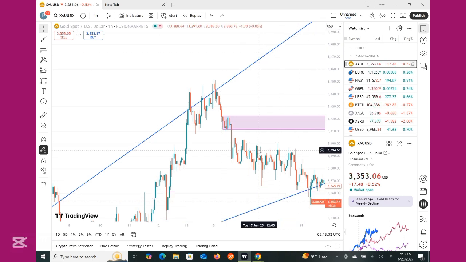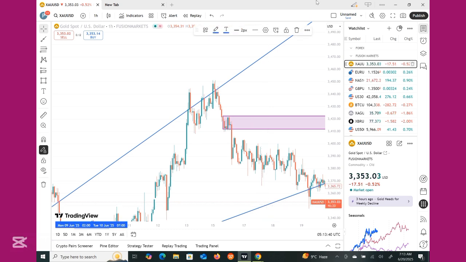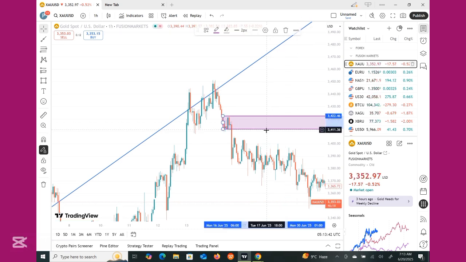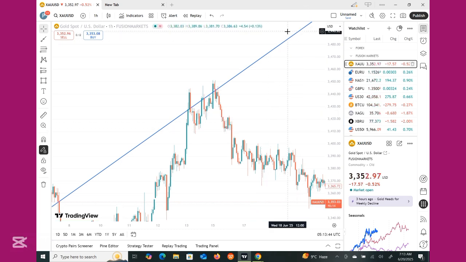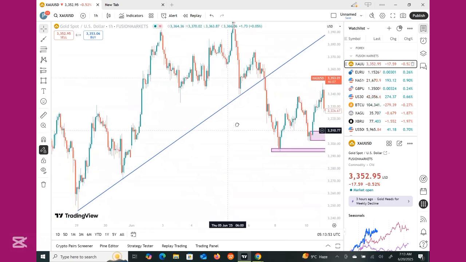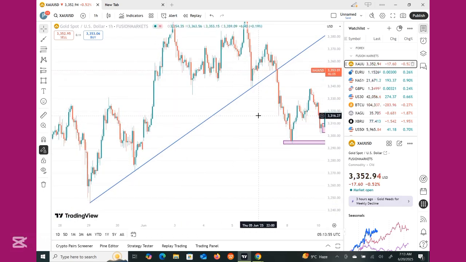One thing that I like about trading is that you need to backtest your strategies. You need to backtest and see where price is and see where price is most likely to play. As you can see, I had a trend line here that started from this side.